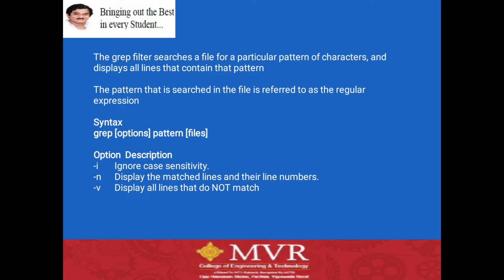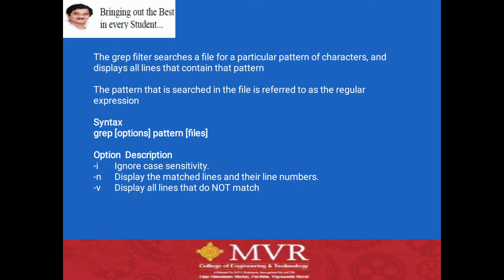That means 1, then the first line, then 5, then the fifth line. It will not happen like that. But when you need that, you need to use the minus n option. So whenever you use the minus n option with the grep command, it will print the lines which match the given pattern along with their numbers. Line numbers will also be displayed on the screen. That is the thing you need to understand.